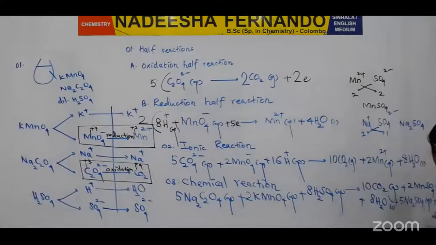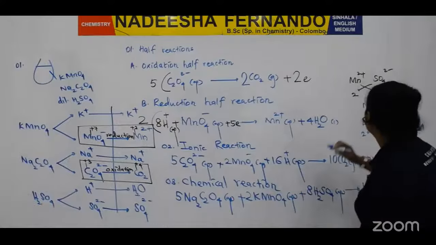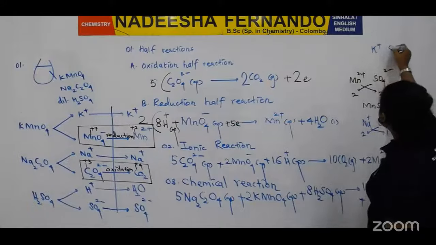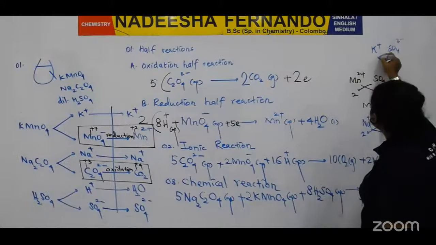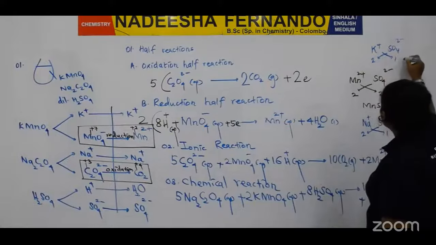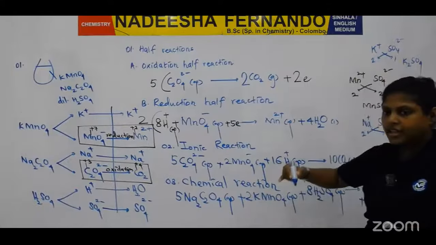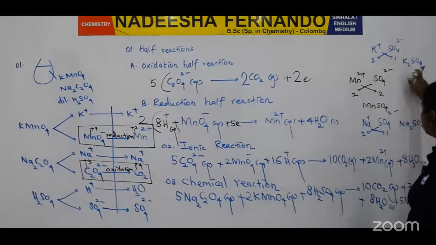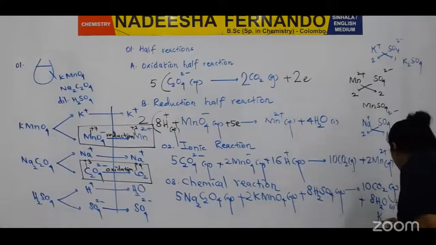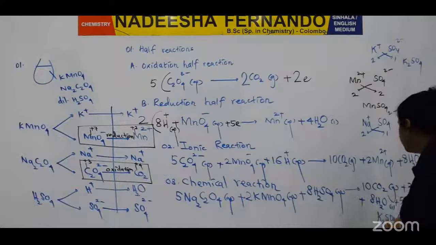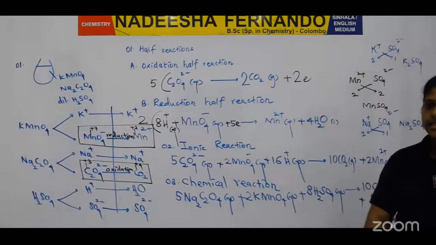Here we take K+ and SO4 2-, exchange to get K2SO4. To get the 2 potassium, we have enough with 1 K2SO4, because when we write potassium sulfate, it already has 2 potassium.